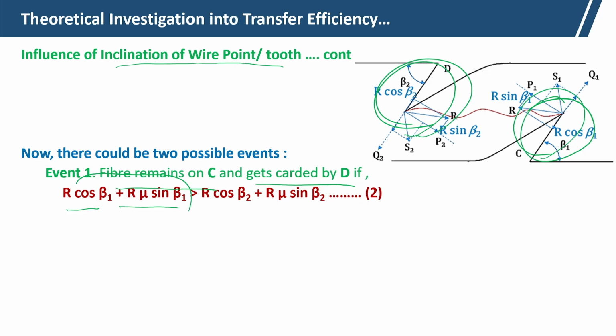If the fiber remains on the cylinder, the total force on the cylinder must be more than the force on the doffer: R cos beta 1 plus mu R sin beta 1 is greater than R cos beta 2 plus mu R sin beta 2.